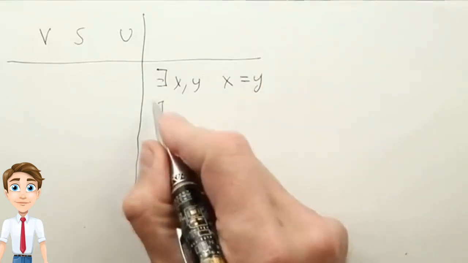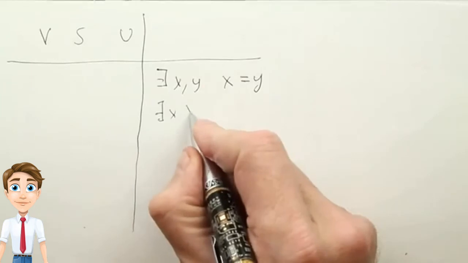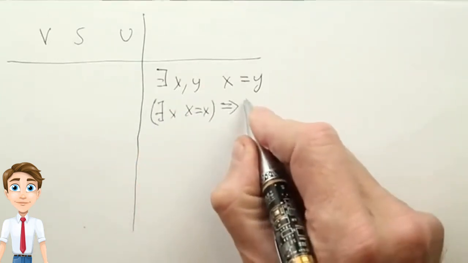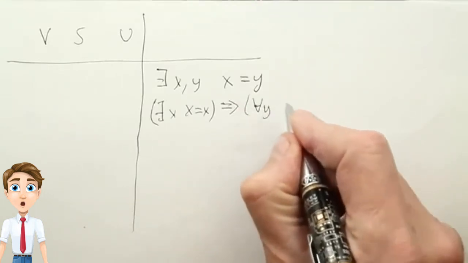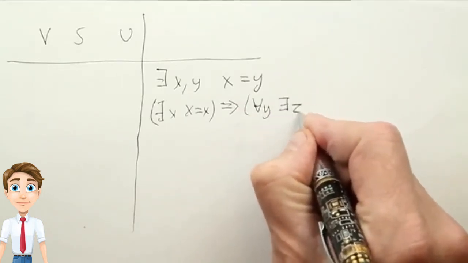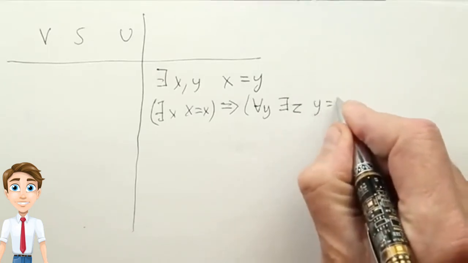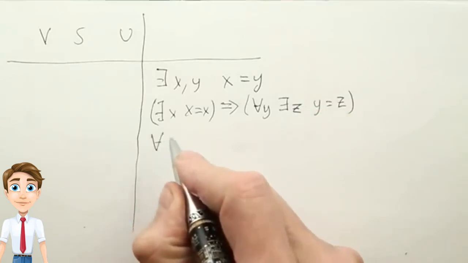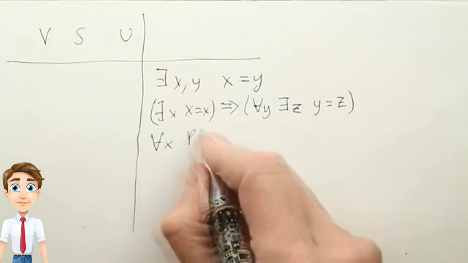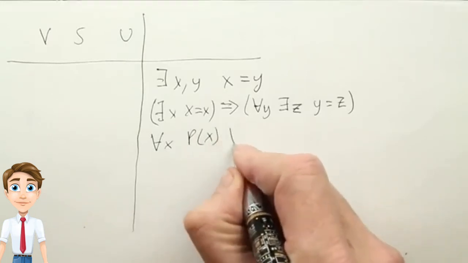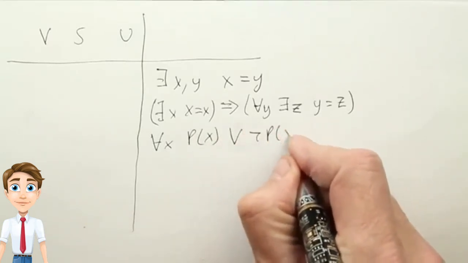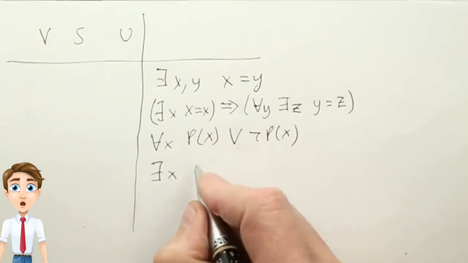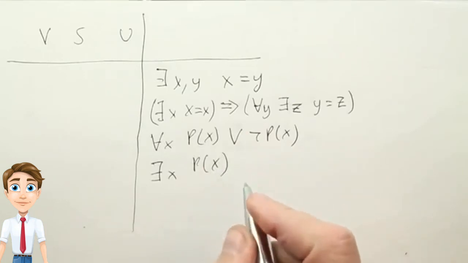Second sentence, there exists an x such that x equals x implies for all y there exists a z such that y equals z. Third sentence, for all x, P of x or not P of x. And fourth, there exists an x, P of x.